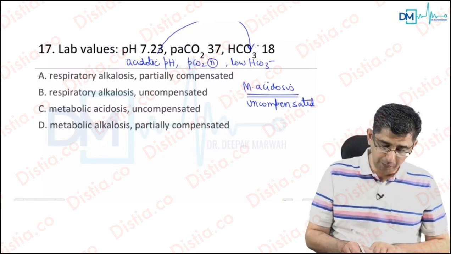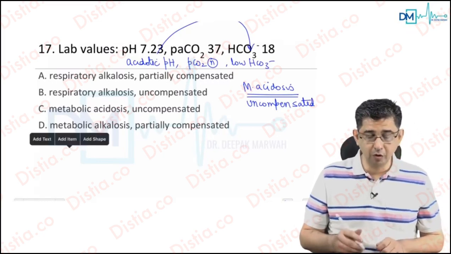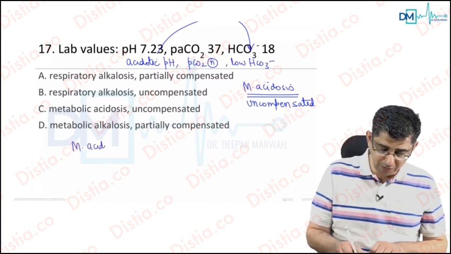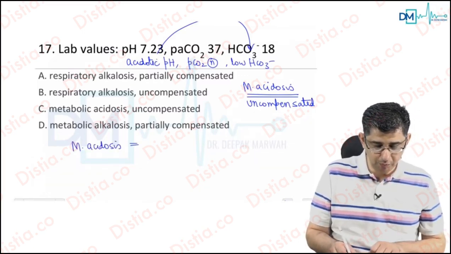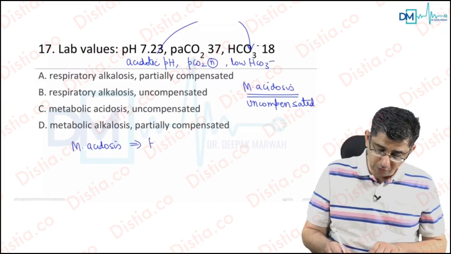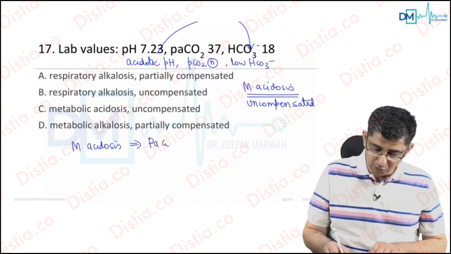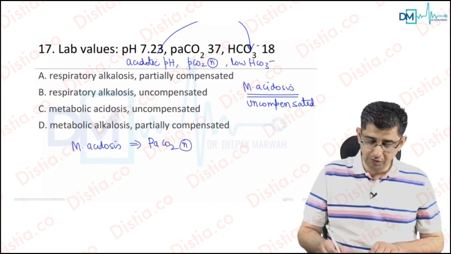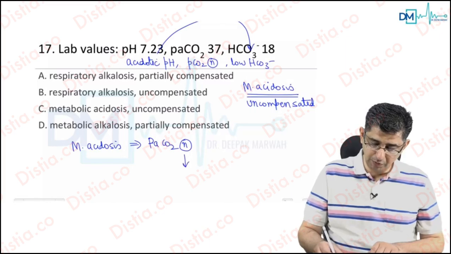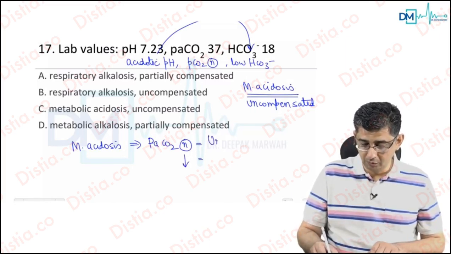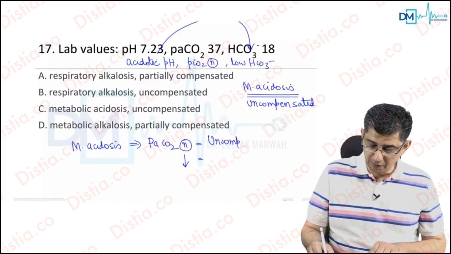The basic thing that I'm repeating again and again for all the questions is that if you work out it is metabolic acidosis, bicarbonate should be low, pH should obviously be low. Just focus on the value of PaCO2 in the patient. If PCO2 is normal, it is uncompensated; the hyperventilation process has not started.